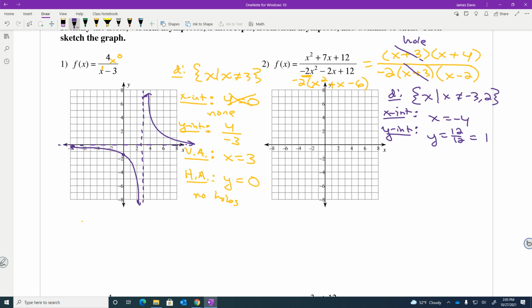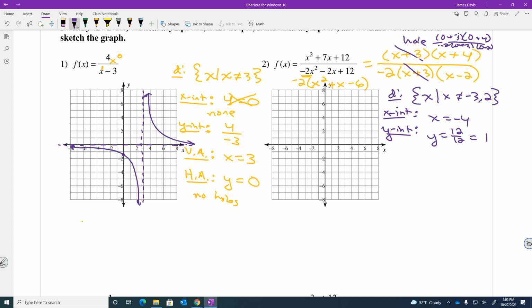It's just easier to use this one, because if you did it for the factored form, you would plug in zeros. You would have 0 plus 3 times 0 plus 4 over -2 times 0 plus 3, 0 minus 2. And then you'd have to solve all that. You'd still get 12 over 12. But it's just easier to look at this form of it. These are just different ways of writing the same equation.